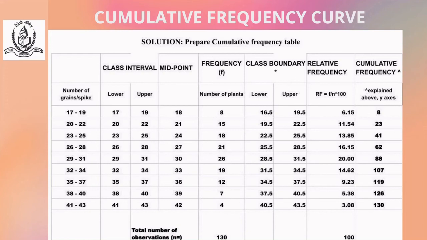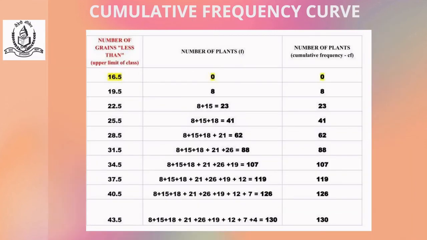The class boundary would be 16.5, 19.5. This is based on what we have earlier read on how to calculate the class boundaries. We calculate the relative frequency by the formula f divided by n multiplied by 100, with which we arrive at a value of 6.15. The cumulative frequency is then calculated using the formula listed.